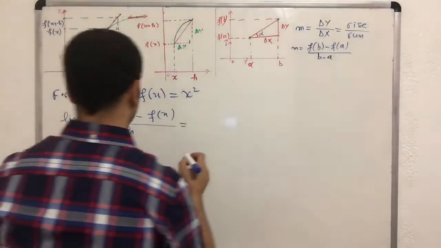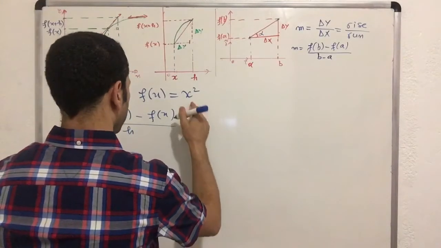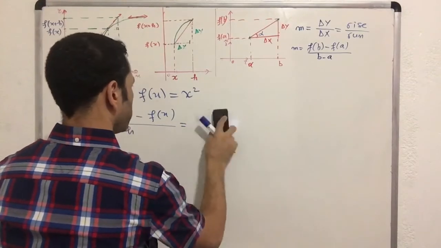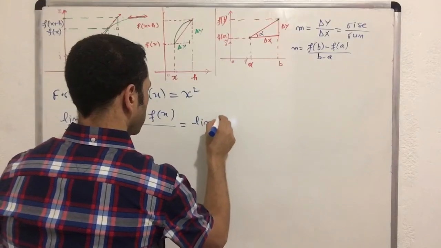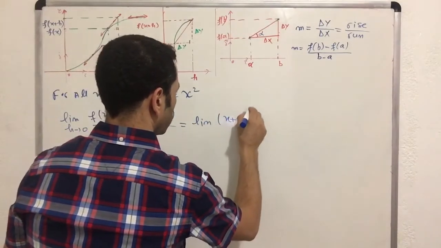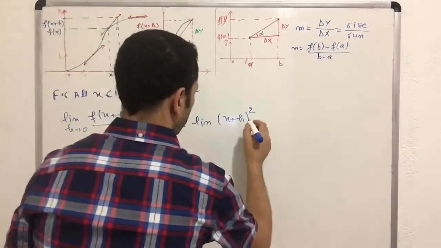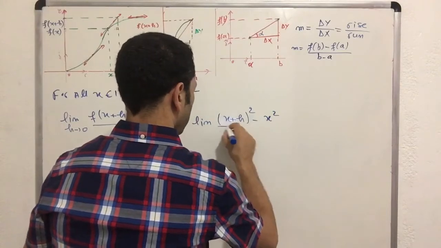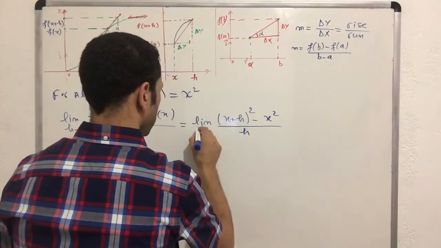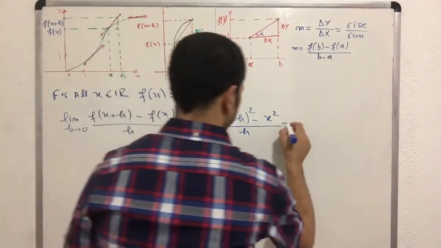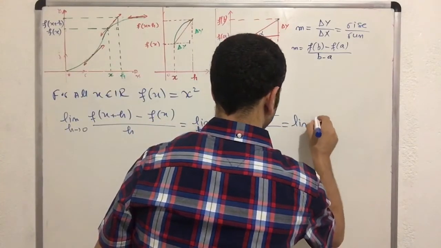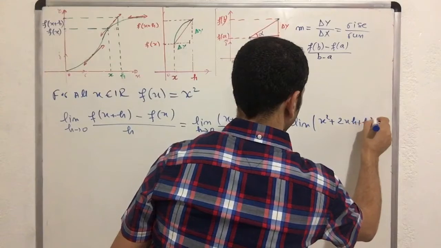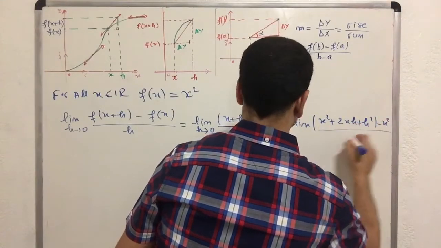So let's apply the same rule. f of x plus h equals x plus h, squared. Let's apply the limit because we are using the limit here: x plus h squared minus f of x, which is x squared, over h, where h is approaching 0. So the limit of x squared plus 2xh plus h squared minus x squared over h.